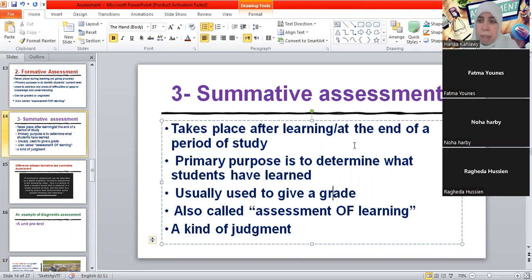And here I can give my students a grade, so it's a kind of judgment, not a purpose like formative assessment, okay? So any questions so far about the types of assessment?